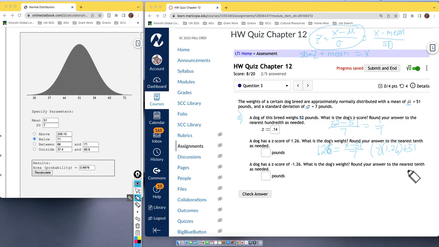I just multiplied 7 times both sides, and then added 51. Okay, 7 times 1.26 plus 51, I come up with 59.82.